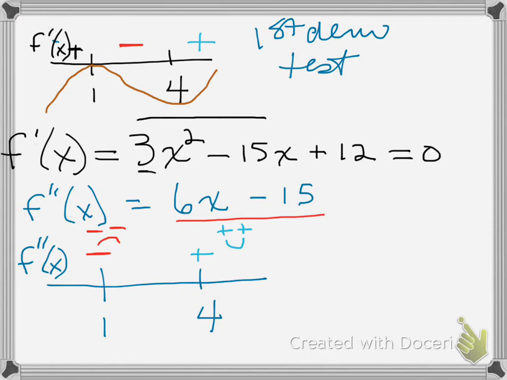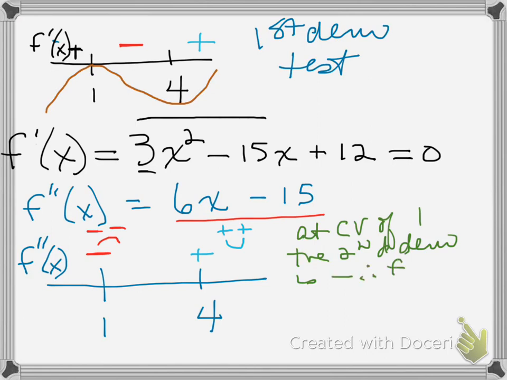I still need a statement. So here comes my statement. At a critical value of 1, the second derivative is negative. Therefore, the function is concave down, which leads to a max.